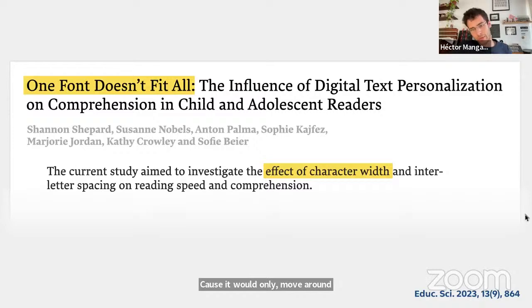And as Peter was saying before, after reading quite some literature and research that had been done on this, we soon realized that one typeface couldn't just fix all of our problems, and we just couldn't find a silver bullet that could address all of the problems. So we very early on realized that maybe one version of the typeface wouldn't be enough.